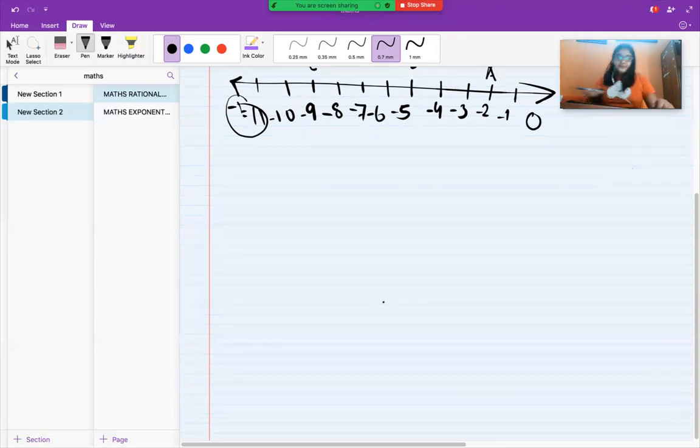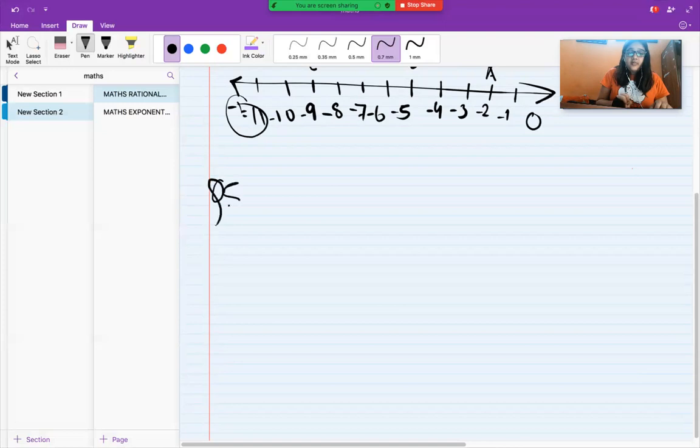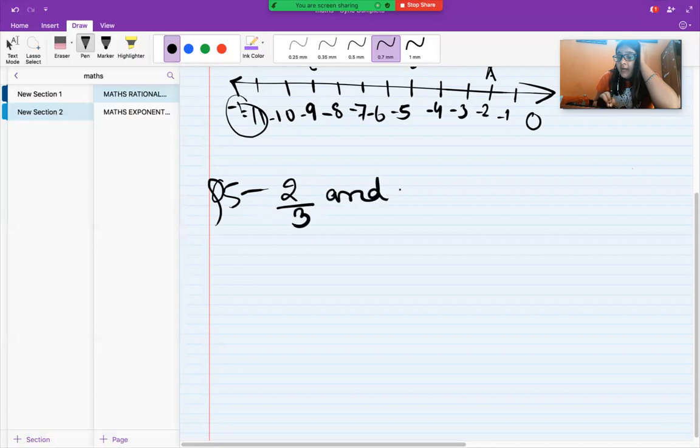Yeah. Question number 5. So in question number 5, it's asking to find the rational numbers between 2 by 3 and 4 by 5.